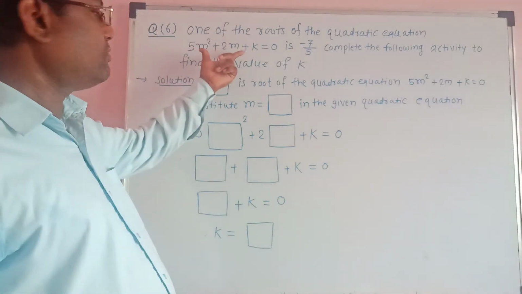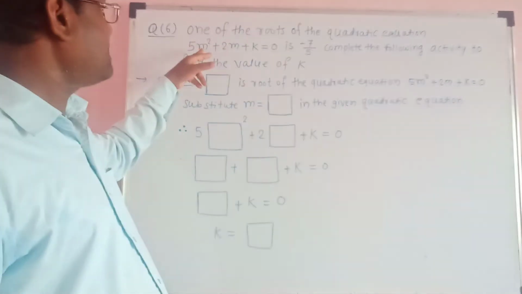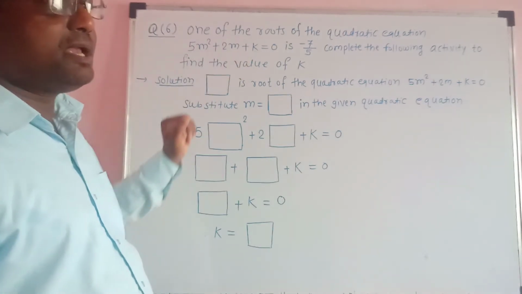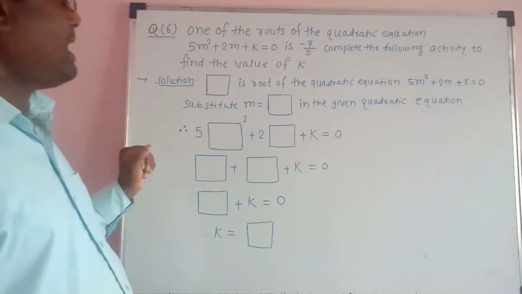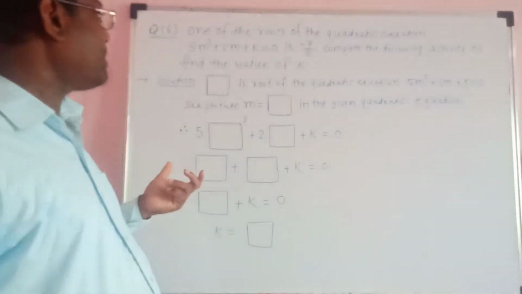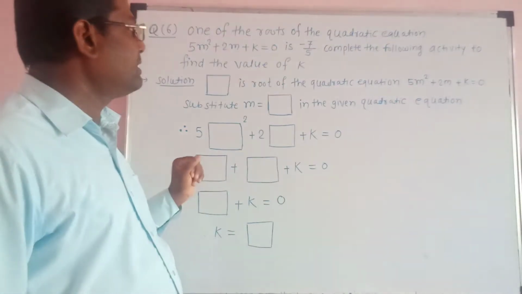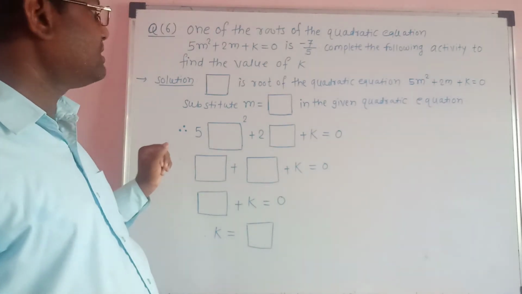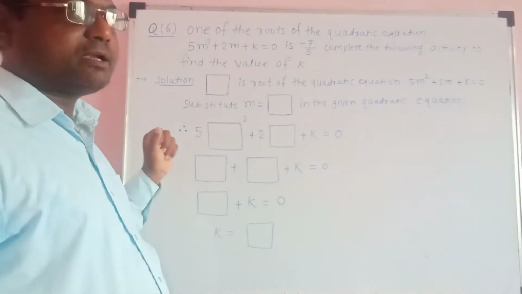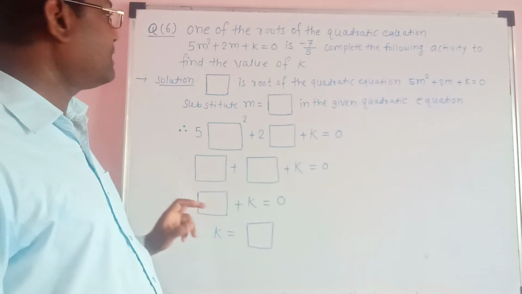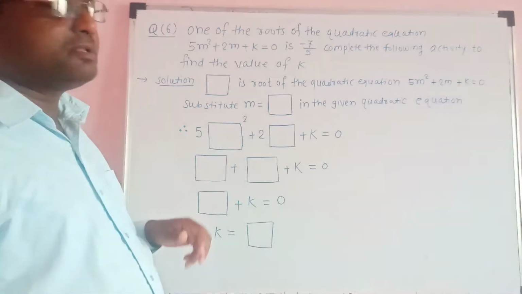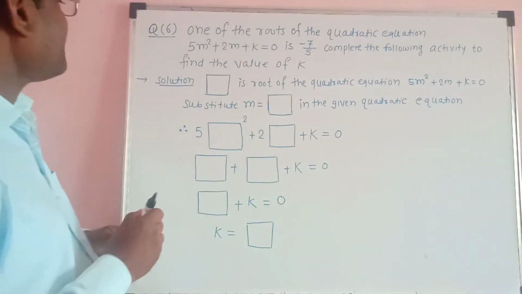Here we have given one quadratic equation 5m square plus 2m plus k is equal to 0, and one root of that quadratic equation is given, minus 7 upon 5. By using this information, we have given one activity to find the value of k. Let us solve this activity.